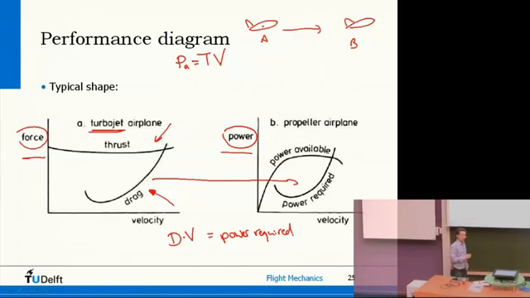So a performance diagram shows you propulsion and aerodynamics in one diagram, and the difference between the two tells you what the performance is. You can imagine if at a certain airspeed you have much more thrust available than you really need in terms of aerodynamic drag, then you can accelerate very rapidly, or you can climb very quickly. So this can tell you a lot of things about the aircraft performance.